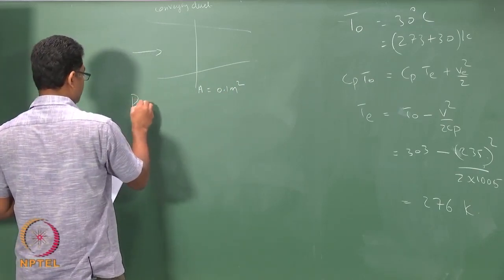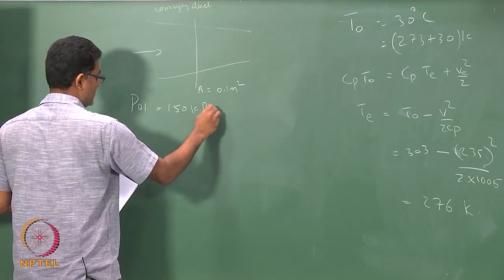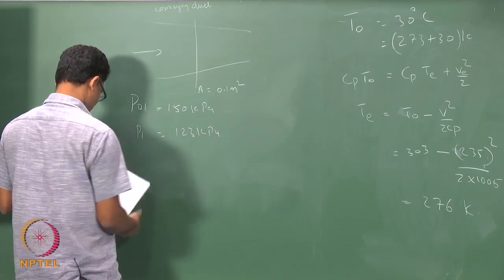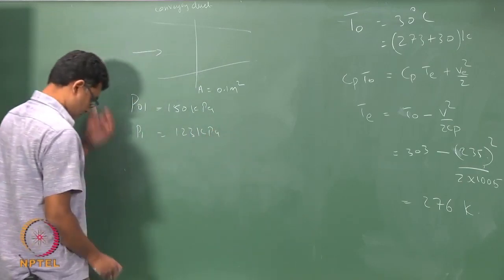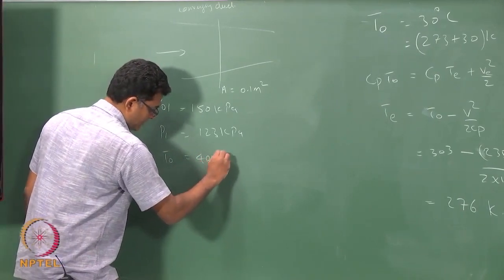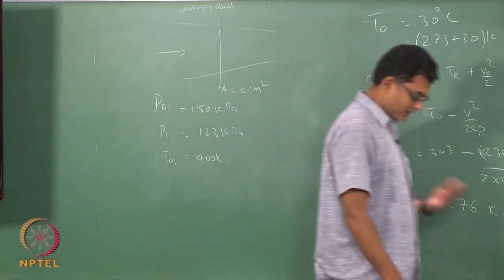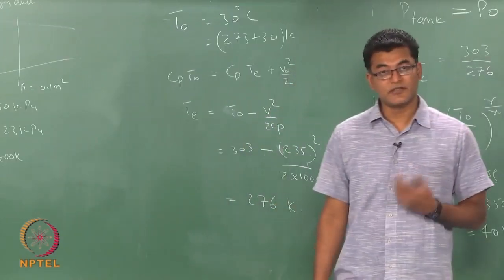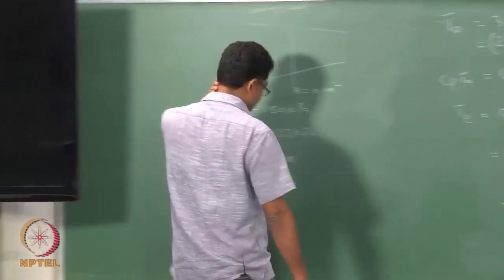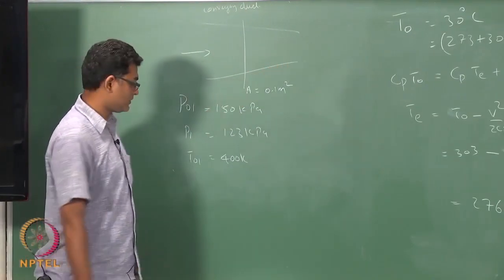P01 is given as 150 kilopascal, P1 is 123 kilopascal, T0 is 400 Kelvin. Our usual assumption: there is no heat transfer, no Q, there is no shaft work, no Ws, and let us also assume isentropic flow. So, your P0 and T0 are going to be constant throughout the flow.